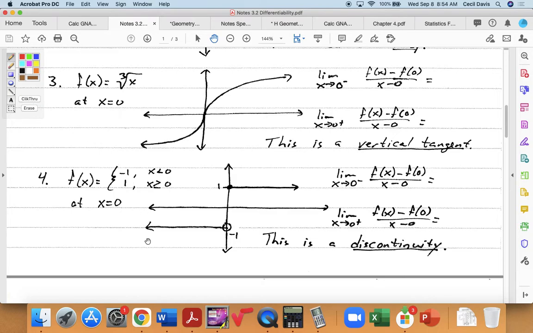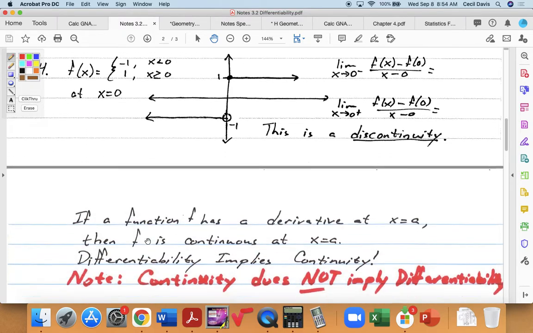So those are 4 ways that you can have something that is not differentiable. Basically it all boils down to either the slope is undefined because it's vertical, or the slope from the left and the slope from the right don't agree with one another.